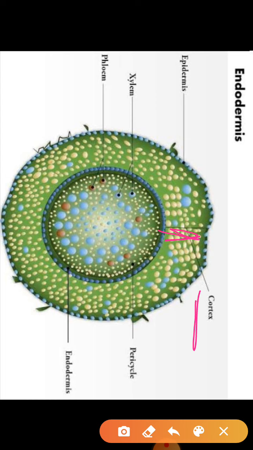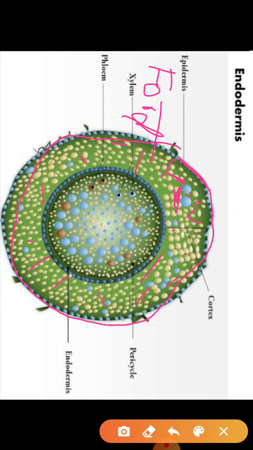This is made up of thin-walled parenchymatous cells with intercellular spaces, which means space inside, between the cellular arrangement. The cortex stores food and water.